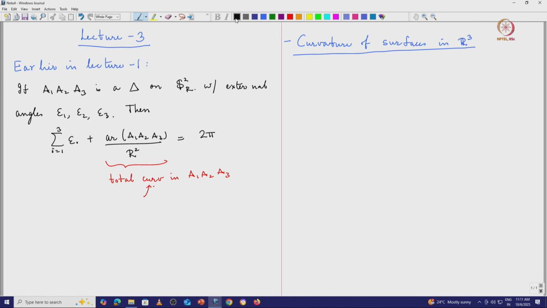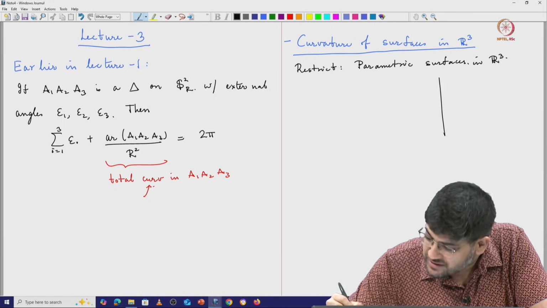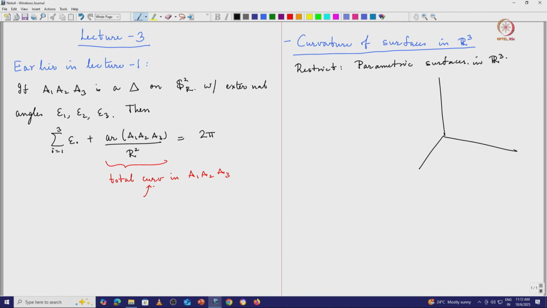Alright, so let us draw a picture. I am going to restrict attention to parametric surfaces in R3. Here is a picture. You have the parameter space where I will use coordinates u and v.